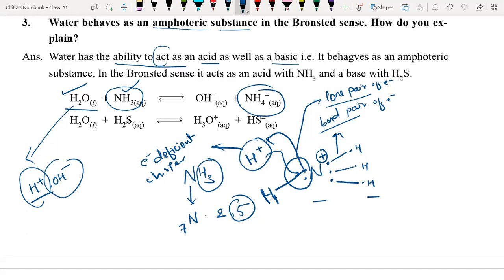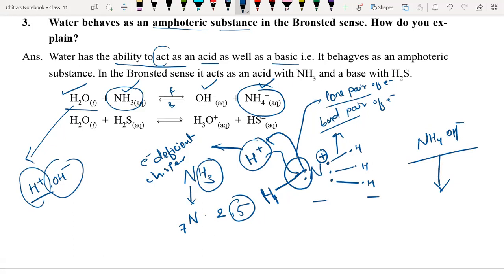So that is why we have the NH4 positive ion. That NH4 ion then reacts with OH to form NH4OH, ammonium hydroxide. But again, when the temperature is constant, the reaction proceeds in the backward direction. This is the forward direction, and this is the reaction in the backward direction.